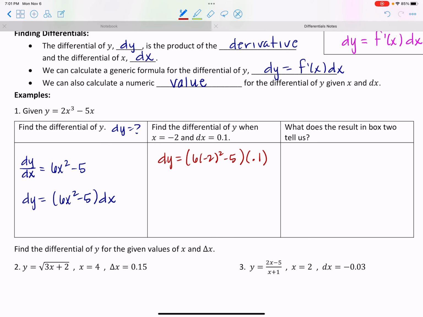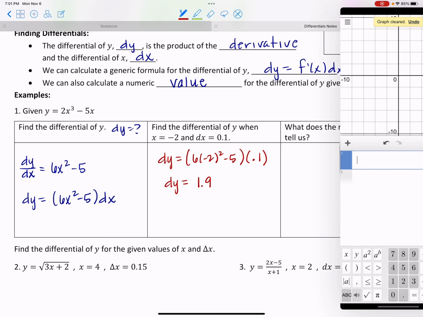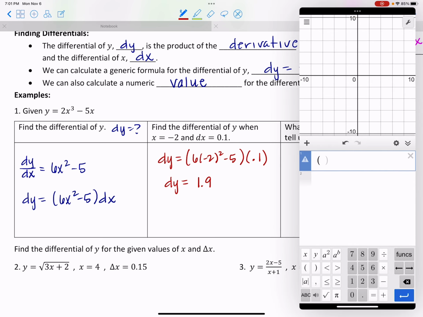And then we can go to the calculator or try to math this out. Let's see, negative 2 squared is 4, 4 times 6 is 24, 24 minus 5 would be 19, times 0.1 should be 1.9. Although, I don't exactly trust myself all the time, so let's just confirm with the calculator.